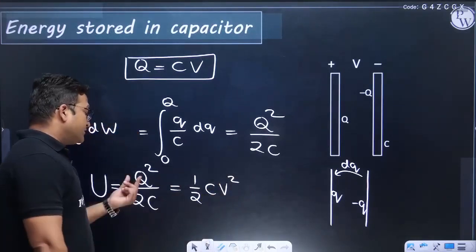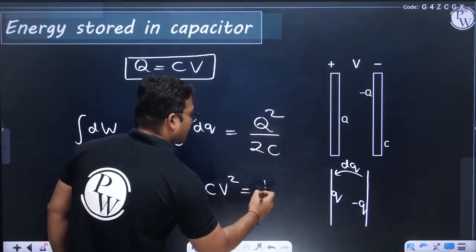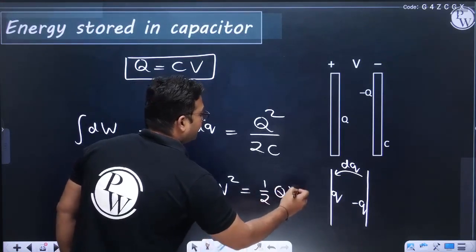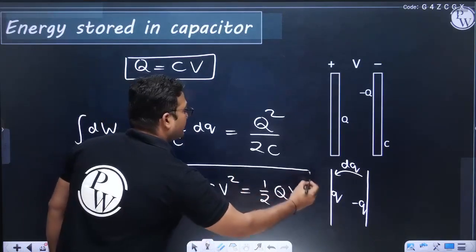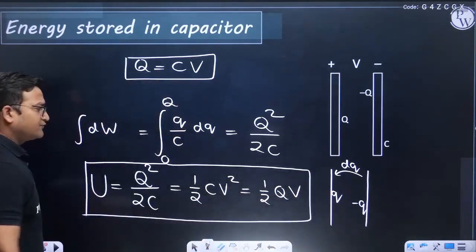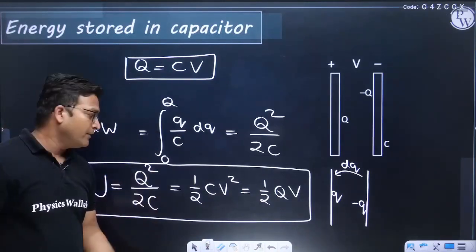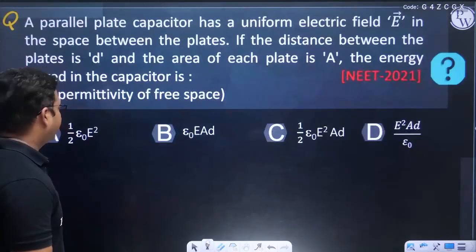And if you put Q upon C as V, you will have another formula as half Q times V. But obviously, the first two are very common. So commonly used formulas are Q square by 2C or half CV square. Just remember them. This is the energy stored.